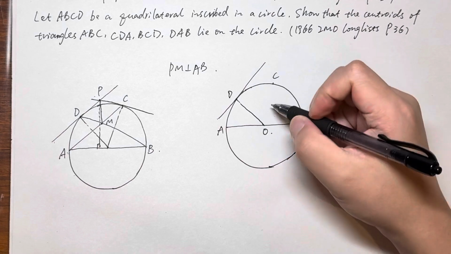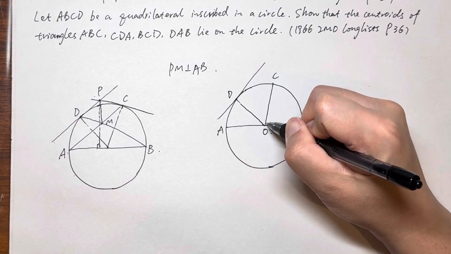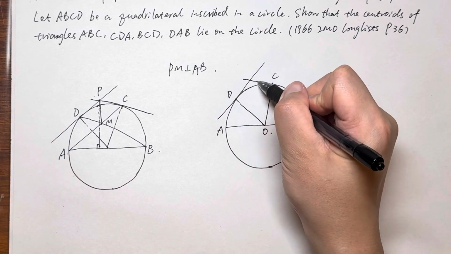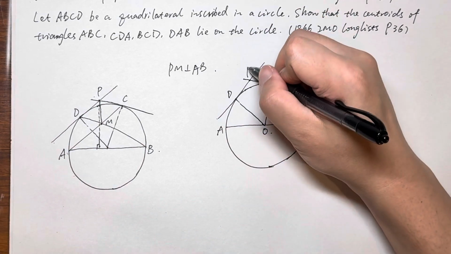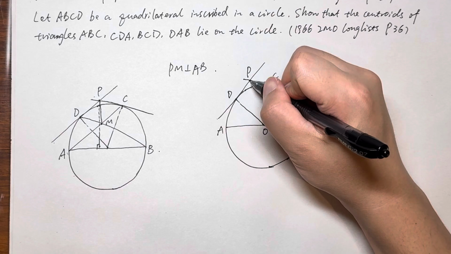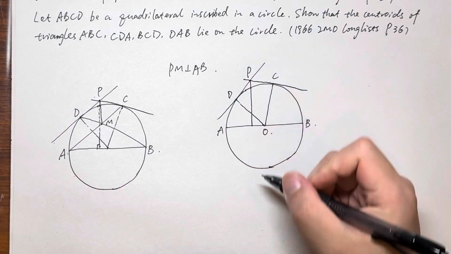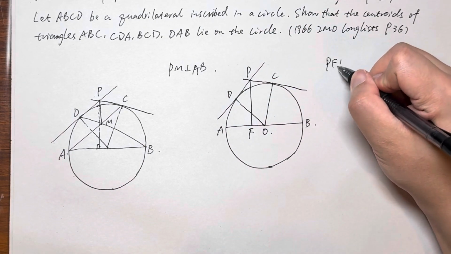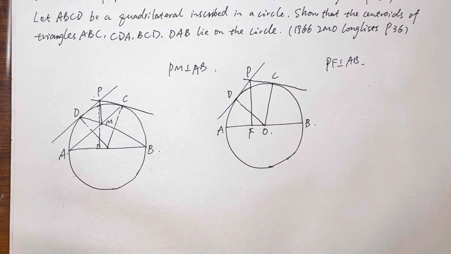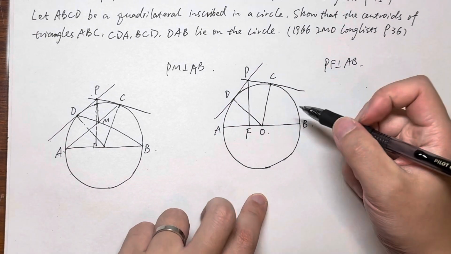Let's call this point O. So we draw 2 tangent lines here. This is point P. And we can directly find the PF is perpendicular to AB. Right, we can do that.